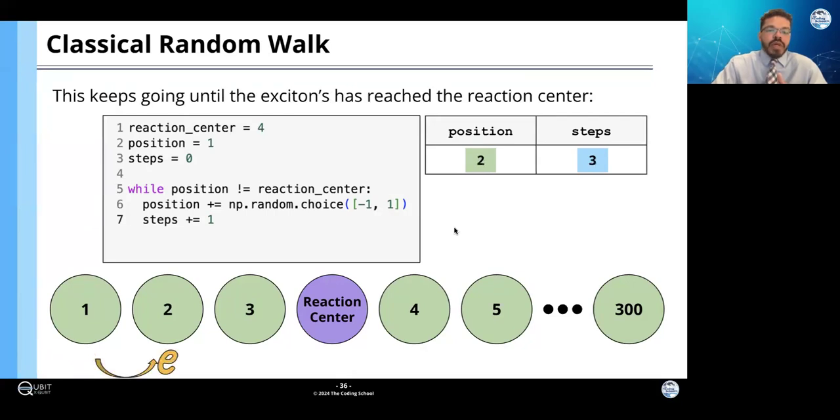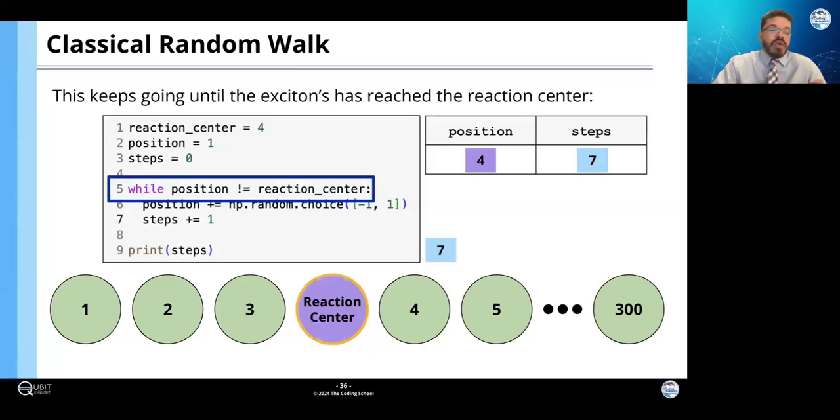We're going to keep doing this until eventually the exciton takes enough steps in the right direction to get to the reaction center. And then we stop. We took 7 steps to get to the reaction center. Think about that.